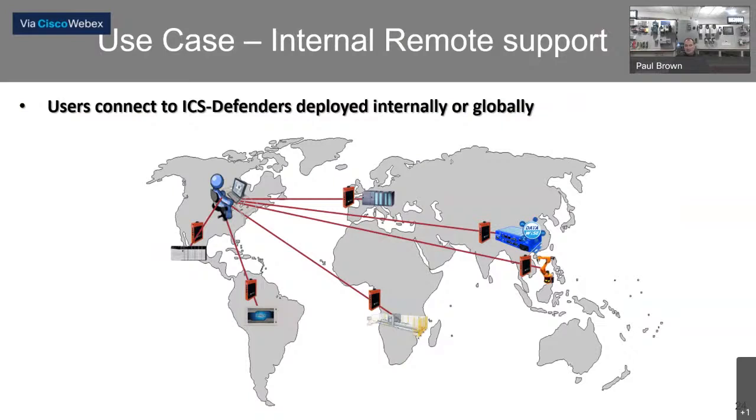Now here we have a use case for corporate support. This is assuming in this picture that this is a corporate headquarters or something like that, where you have a support staff located in North America, and they are able to log in and support various locations throughout the globe through the use of an ICS Defender at each one of the locations, including one at the corporate office.